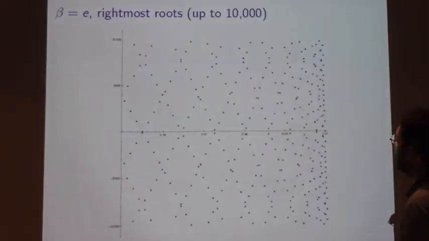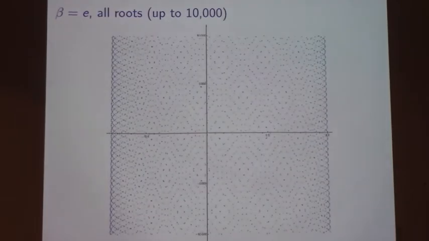Okay, now let's take a less nice number, e. And here you can see that there are beginning to be some holes between the points. When you zoom out, you see it's still nicely spread, but maybe slightly less. But the parabolas are becoming somewhat clearer.